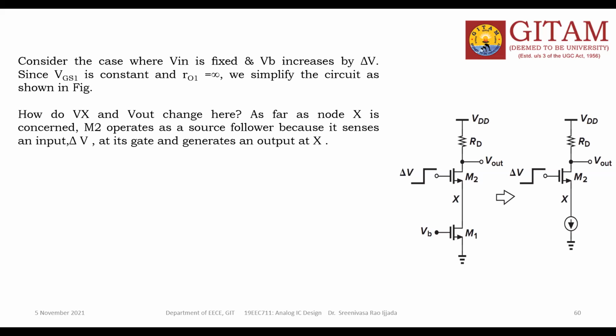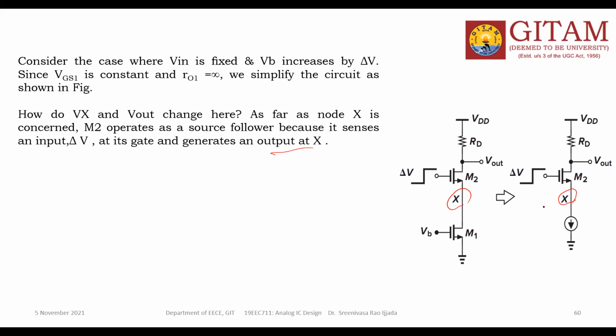As far as node X is concerned, this is M2, and this X node is this one. M2 can act as a source follower because it senses an input change of delta V at its gate and generates the output at X. What is a source follower?